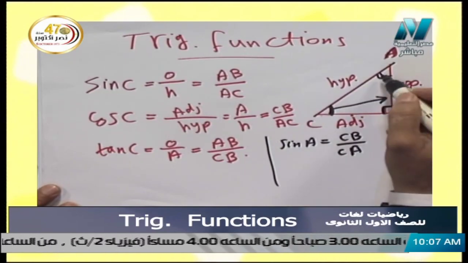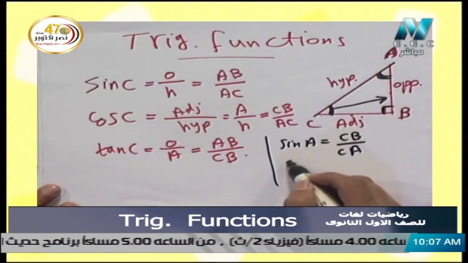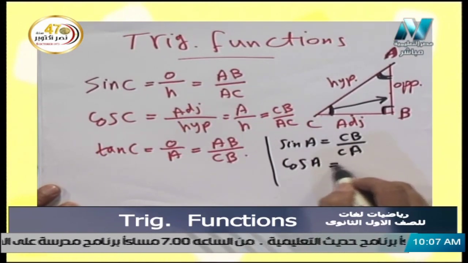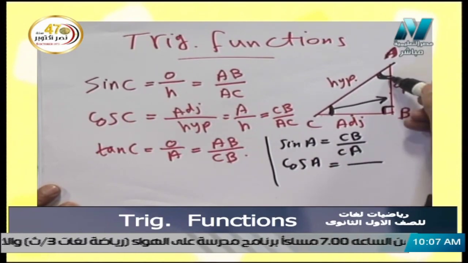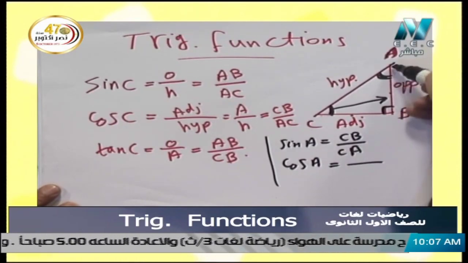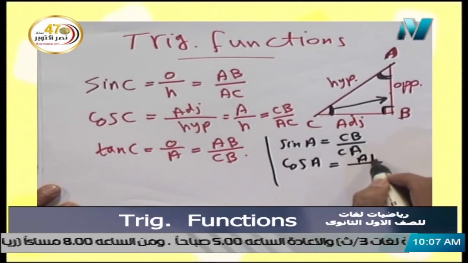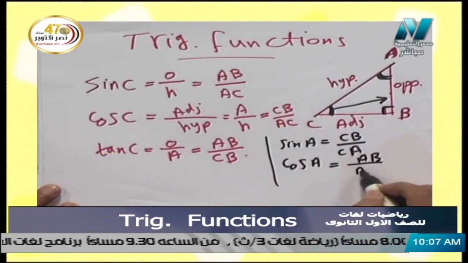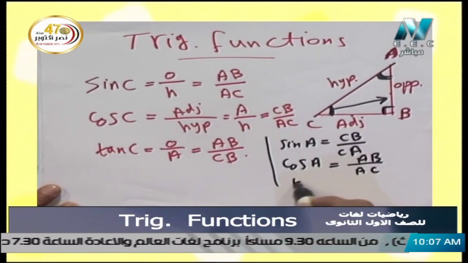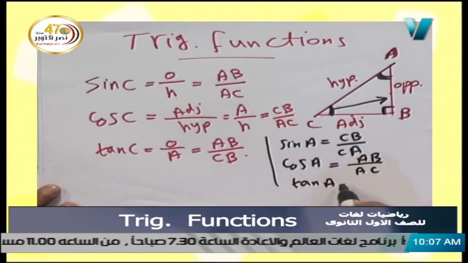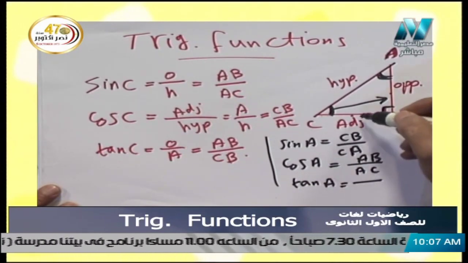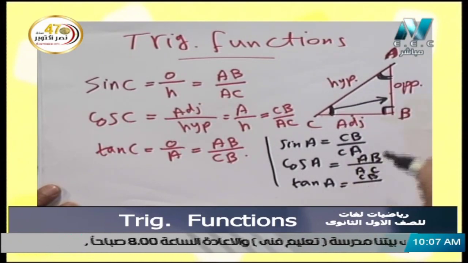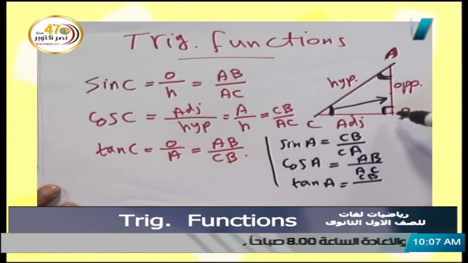Cosine of angle A equals its adjacent, which is AB, over the hypotenuse, which is AC. And tan of angle A is the opposite, which is CB, over its adjacent, which is AB.